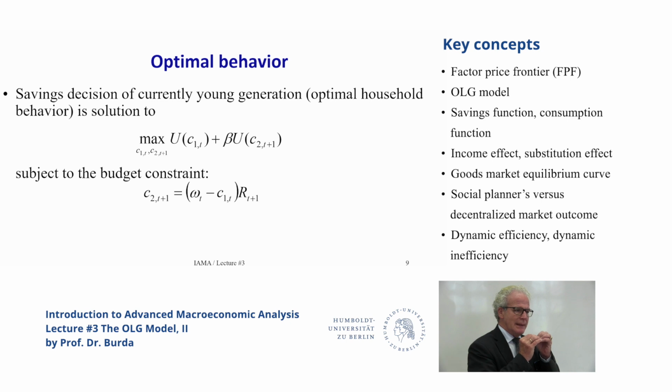If I'm completely indifferent, then beta would be equal to 1. You would be indifferent between utility tomorrow and utility today. But if I'm impatient, then I value utility tomorrow a little bit less than I value today's utility. It's what we call impatience, right?